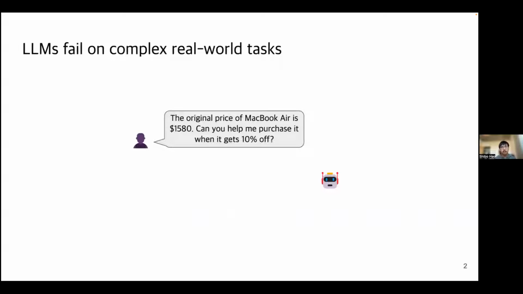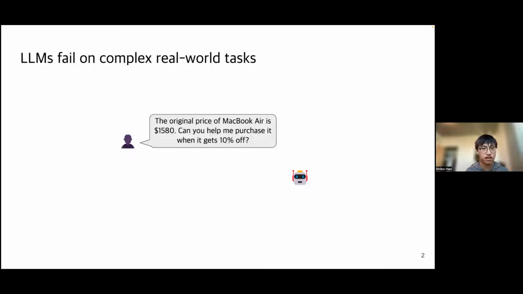For the past year, I think everyone has been impressed by the capabilities of large language models. However, if we really want the LLM to assist people on real-world complex tasks, we find it's still missing some important abilities like this one. The user is asking the LLM to purchase a laptop when there is a certain discount.